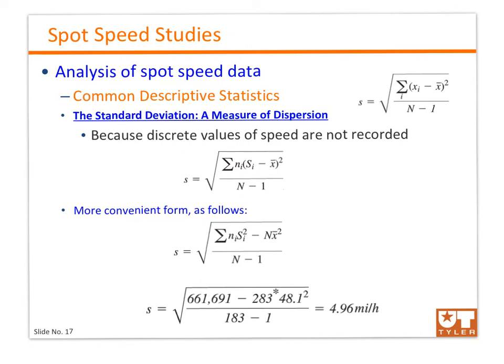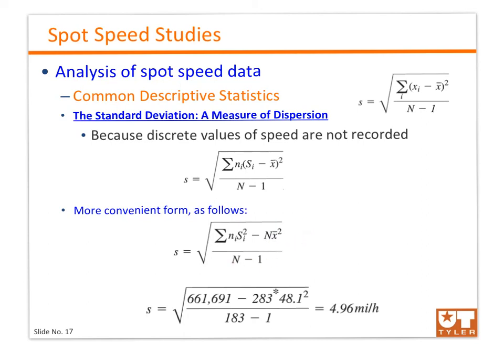To be even more convenient, you can go all the way to the simplest form, which is here. That's why you see from the table that we discussed early on that we need this value, which is Ni, the frequency of cars at a certain speed, times that speed squared, minus N, the total number of cars, times the average speed squared, over N minus 1.